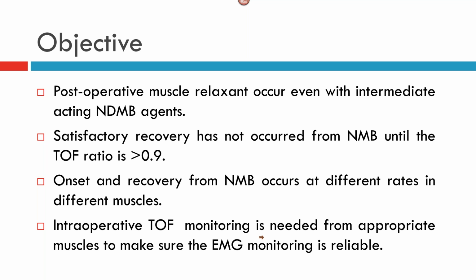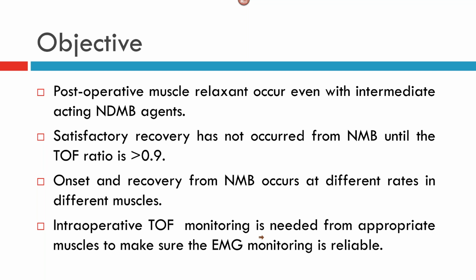Now all the research is going toward ERAS, which is enhanced recovery after anesthesia, and anesthesiologists are focusing on enhanced recovery, so the patient recovers quickly and doesn't stay intubated for a very long time. In order to have a quick recovery, they have to have a working diaphragm.